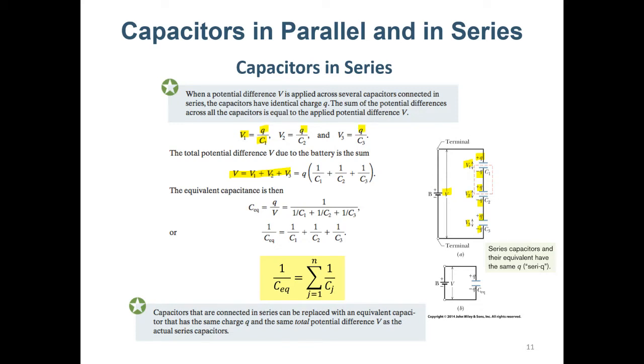So V1 equals Q over C1, V2 equals Q over C2, V3 equals Q over C3. Then as V equals V1 plus V2 plus V3, we substitute, and we find that 1 over C equivalent equals 1 over C1 plus 1 over C2 plus 1 over C3. Which means that C equivalent equals 1 over this quantity.